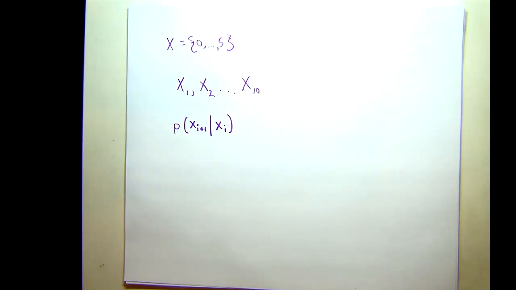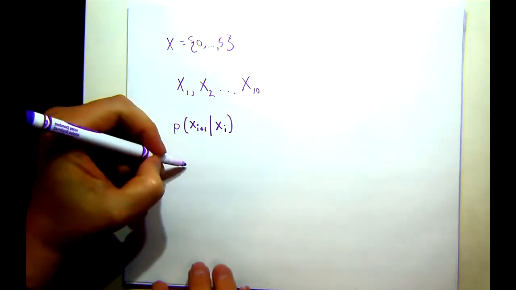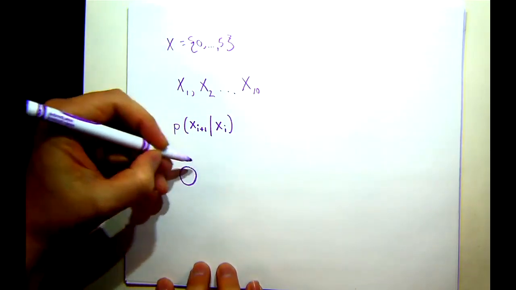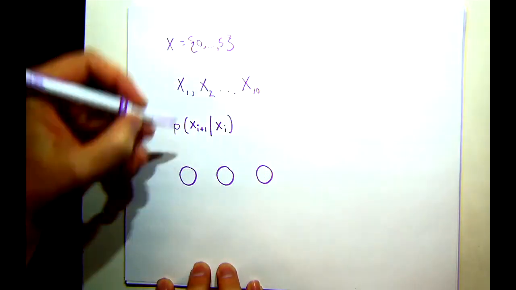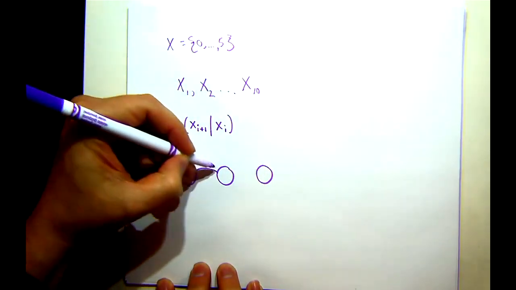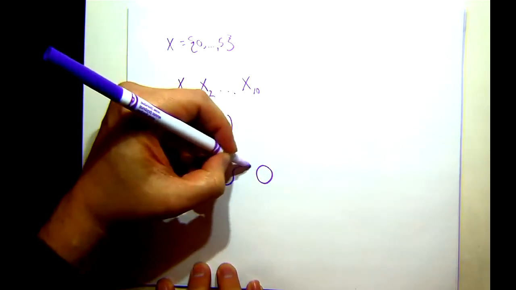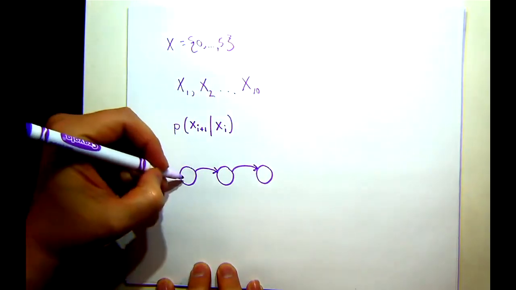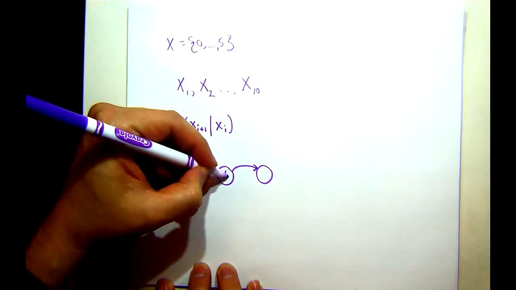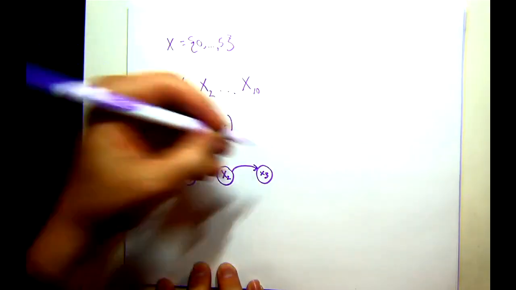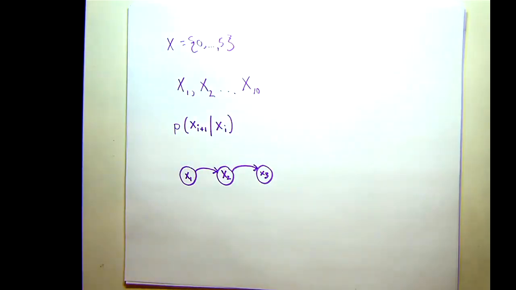Now a Markov chain will often be drawn as a set of circles, where each arrow is a transition. And then you have this x1, x2, x3, showing the x's that you actually saw.